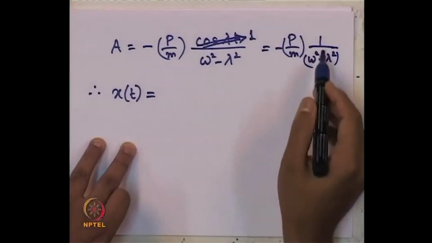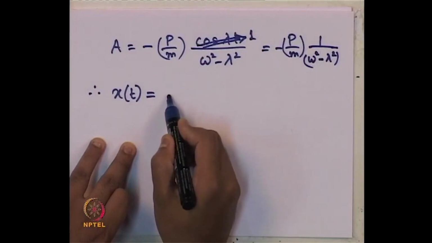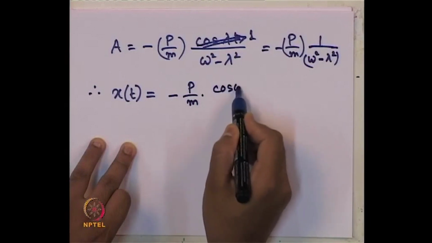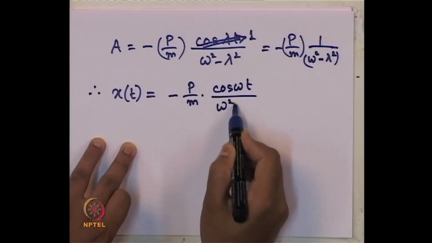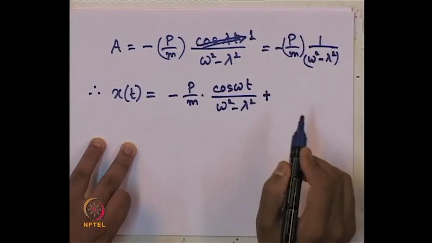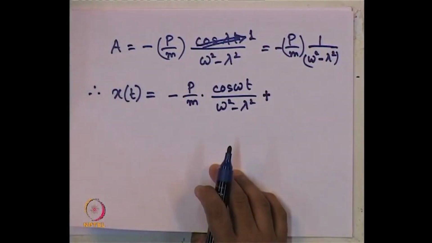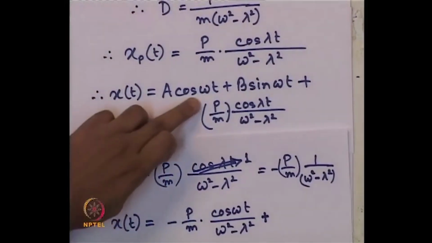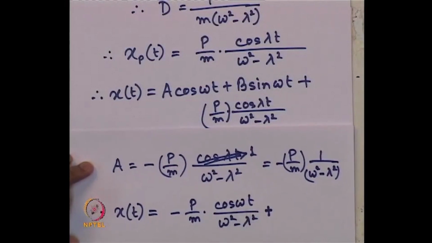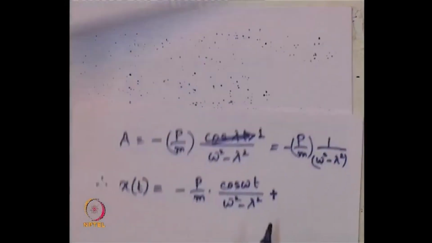So, A cosine of omega t was the solution. So, minus p by m cosine of omega t by omega square minus lambda square, plus b is 0. So, that component is not present, and the third component is, so let me take the solution once again. Yes. So, A cosine of omega t. So, A is this part. So, cosine of omega t, b is 0. So, it vanishes and this particular integral part remains.